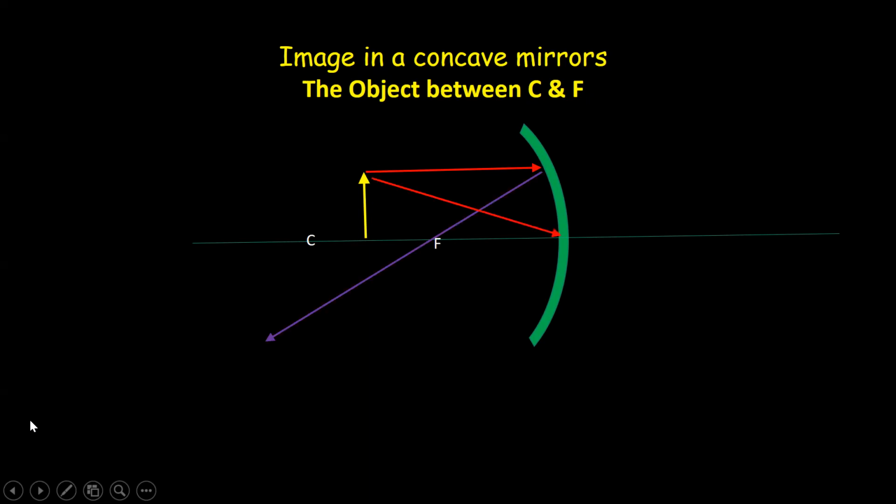And the second one to the pole is reflected back, and as we can see, the angle of incidence, this one, should be equal to the angle of reflection, this one. So again, they cross in front of the mirror, so definitely the image should be real. As you can see, the image is beyond C.